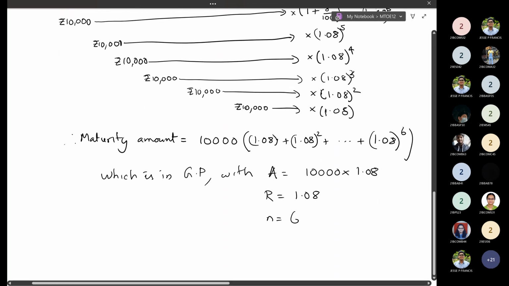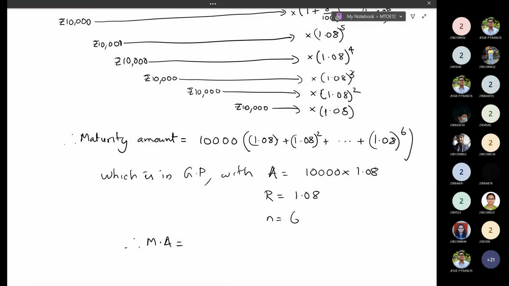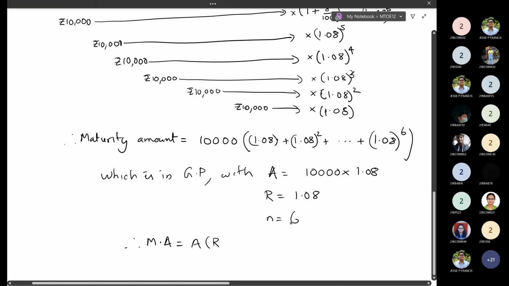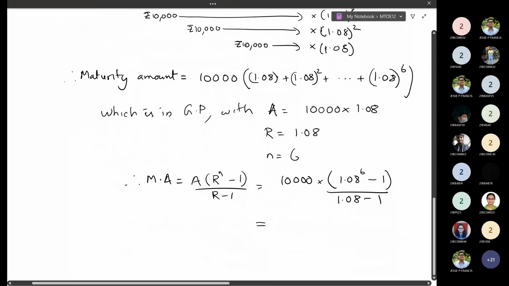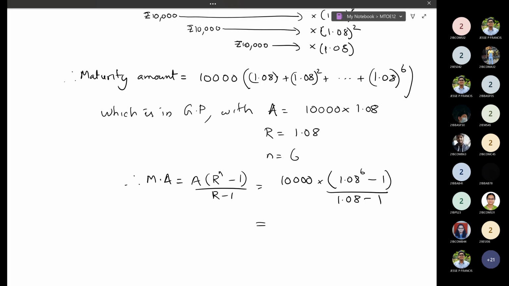So therefore, maturity amount is equal to, we can use the formula for geometric progression, that is A into R to the power N minus 1 divided by R minus 1, which is 10,000 into 1.08 to the power 6 minus 1 divided by 1.08 minus 1. Can you tell me what will be the final amount?